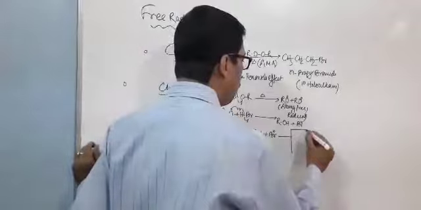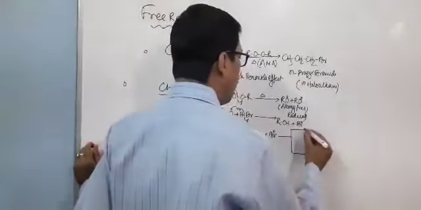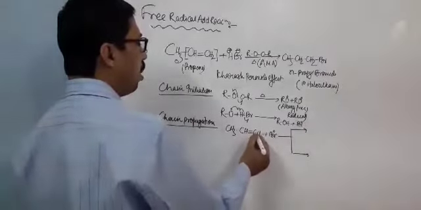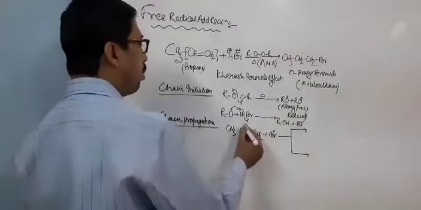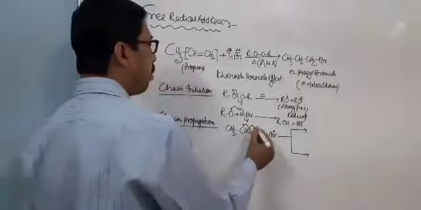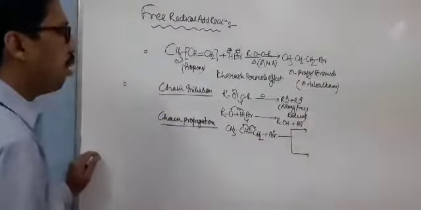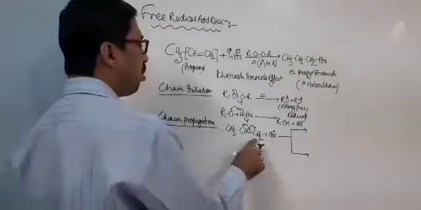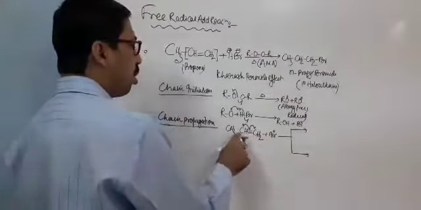There are two ways by which the Br free radical can interact with propene. The pi bond electrons shift singly onto each of the double bonded carbon atoms. So Br can attach at this position or this position.